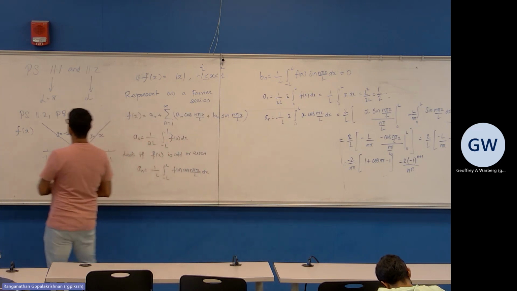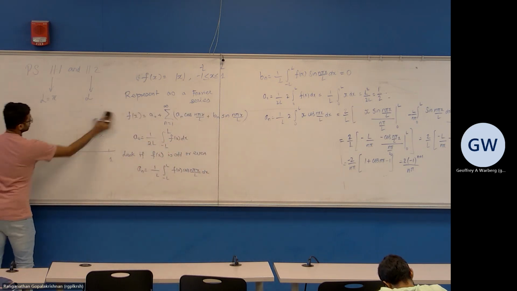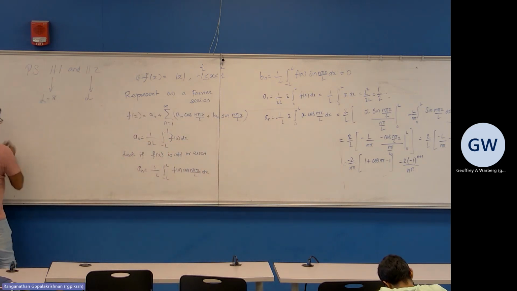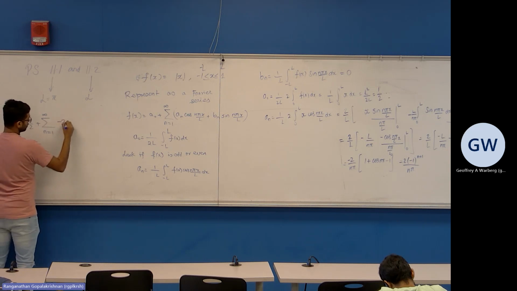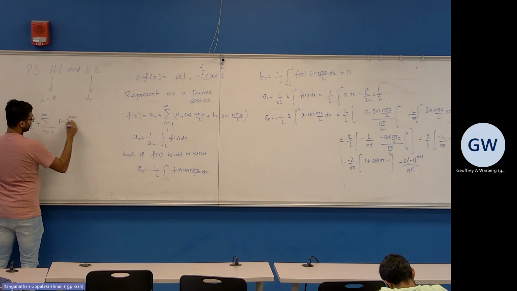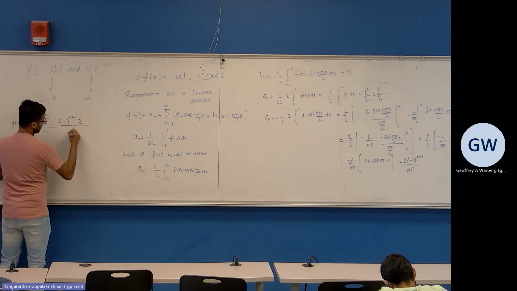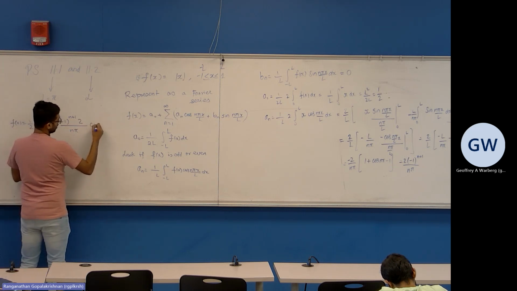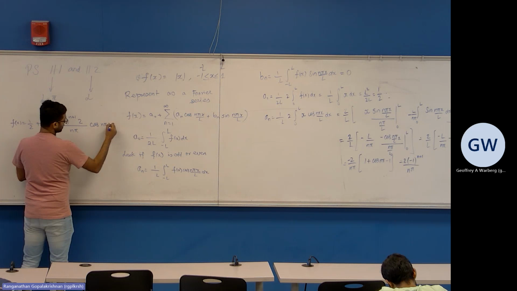So our Fourier series is going to be f of x equal to 1/2 plus summation n equals 1 to infinity of (-1) power n plus 1 times 2 divided by n pi cos n pi x.